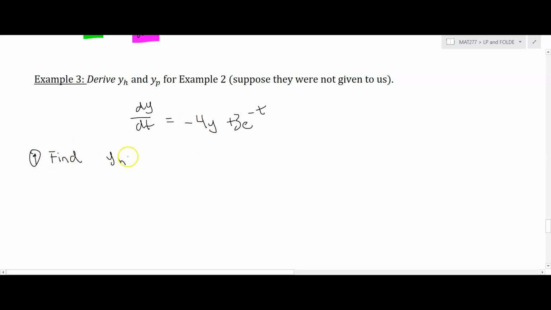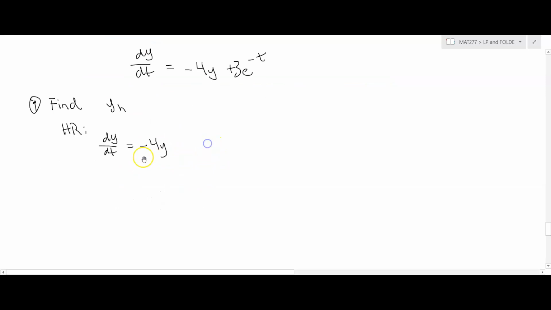We can derive that by doing the homogeneous reduction, and the homogeneous reduction of this equation is dy/dt equals negative 4y. So we made it homogeneous. Of course, this is not the original equation we set out to solve, but the theorem, the extended linearity principle, tells us that if we go through this process, we will find the general solution.